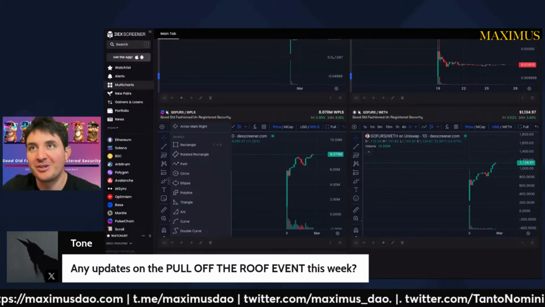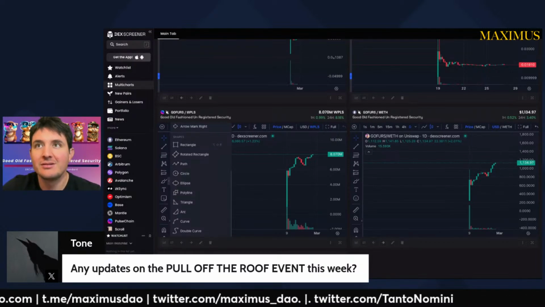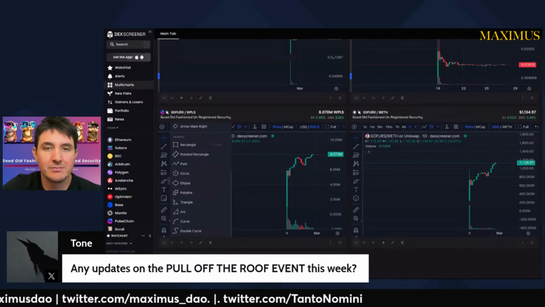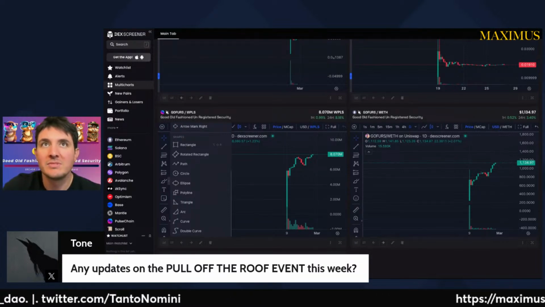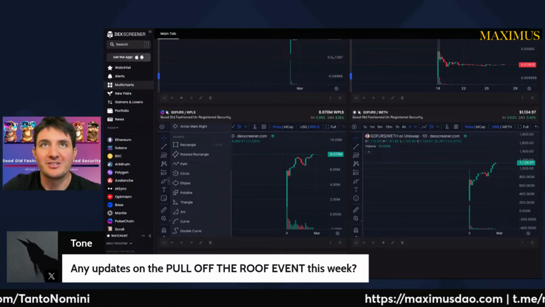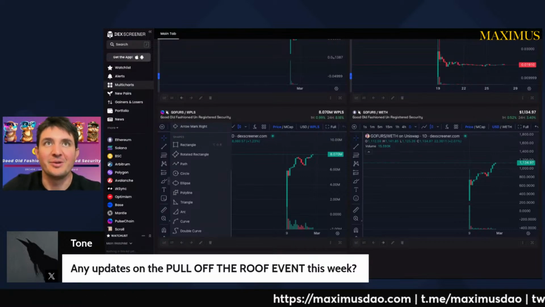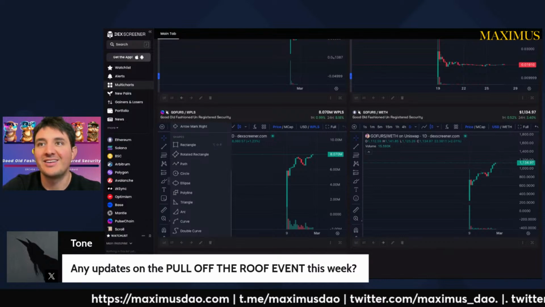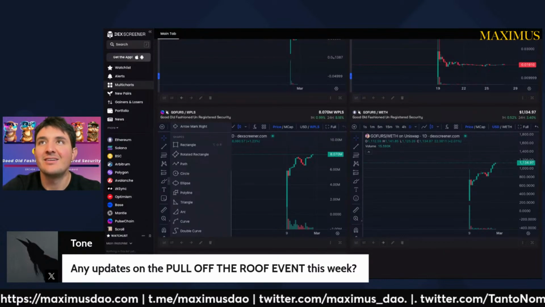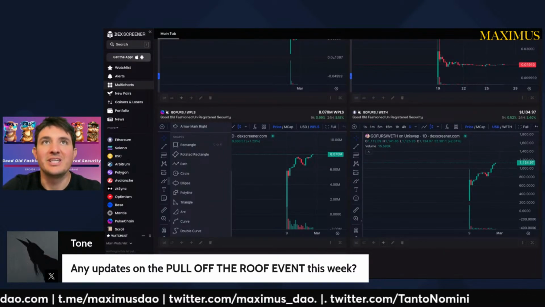Oh, that's pretty cool. Look at the party price. Let's cherry pick the chart so we get a nice little uptrend there. There we go. Nothing like cherry picking. Let's tweet that out.